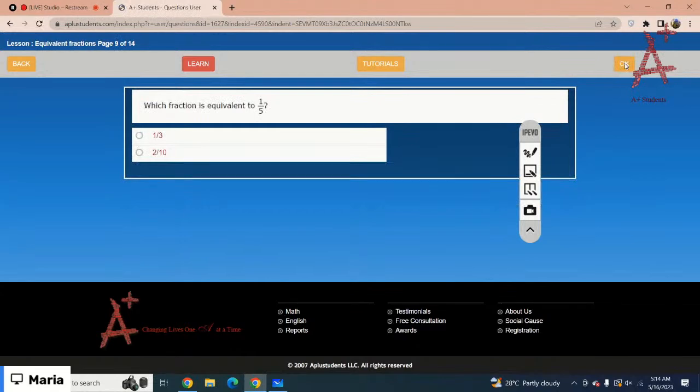Okay, which fraction is equivalent to 1 over 5? So which is the correct option? It is 2 over 10. The correct option is 2 over 10.